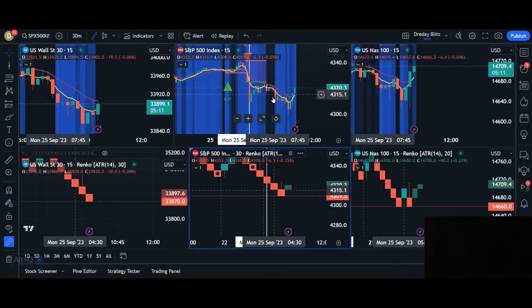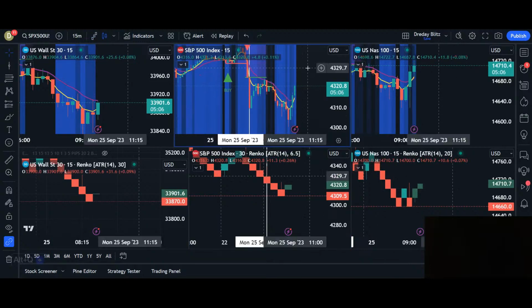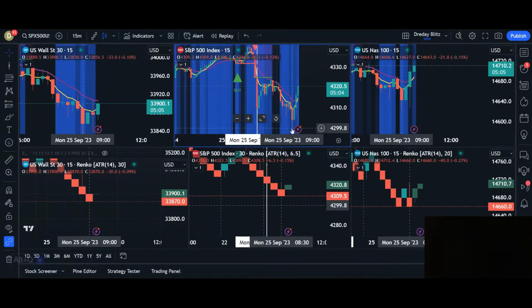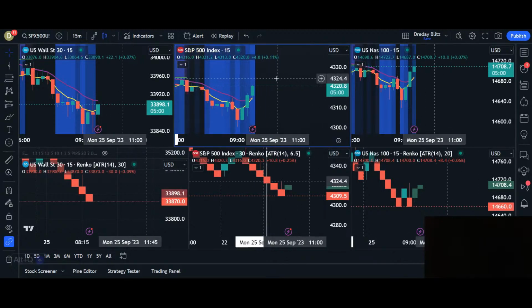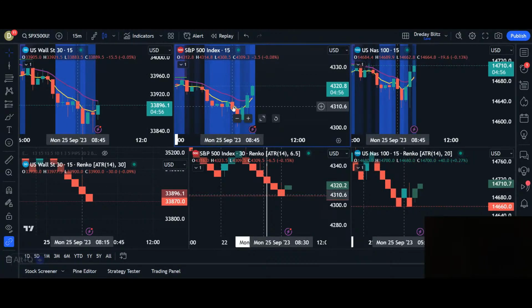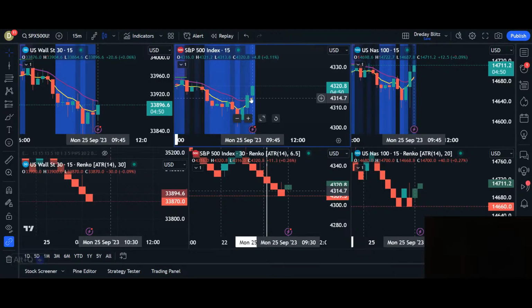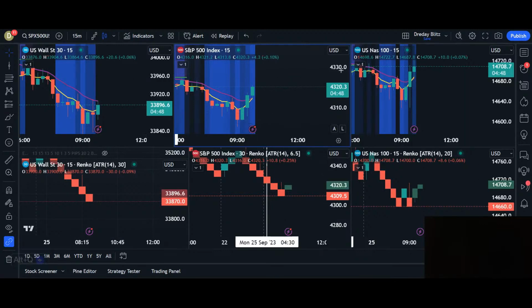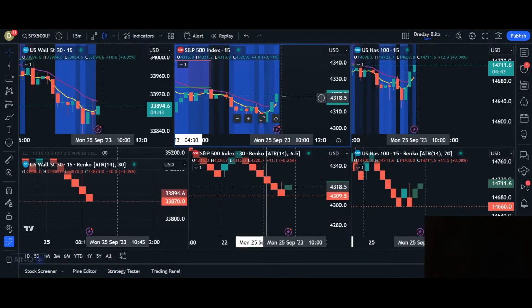And another thing, if you see an engulfing candle right here, this is a reversal pattern. So when you see that, and it's touching all of the moving averages on that original entry, I will be out of the trade.